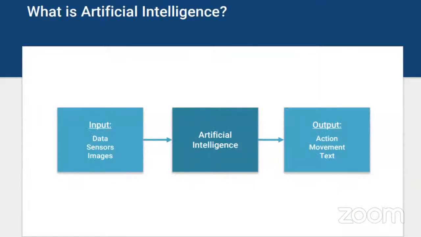So now let me take the next few minutes to explain how it actually works. I'm going to make it very simplified, a very simplified version of it, so that you get the essence of it. Basically, any artificial intelligence based machine, what does it take? It takes data as the input.